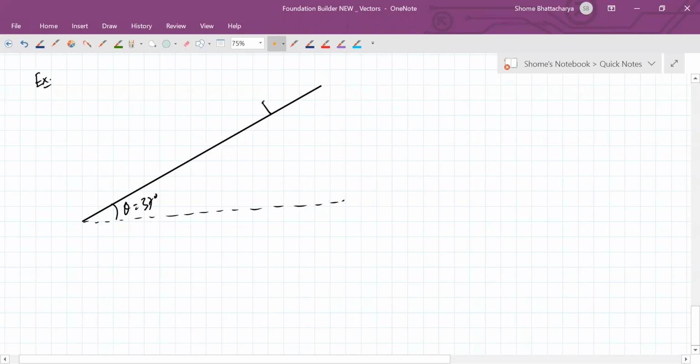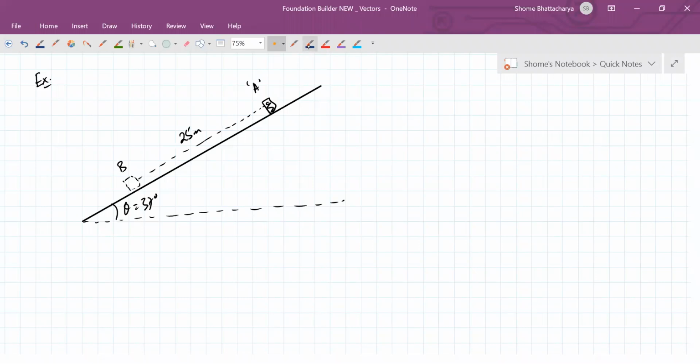Now a block slides from position A to position B, where this distance is, let us say, 25 meters.